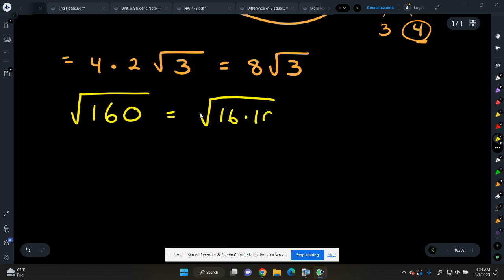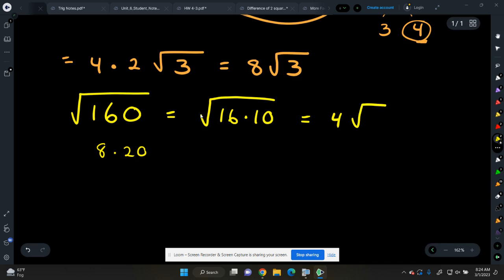Why is 16 times 10 better than 8 times 20? Because 16 is a perfect square, right? 8 times 20, that'll work. But I'm going to have to do more work because neither one of these are a perfect square. If I can factor it using a perfect square, it makes it easier. So the square root of 16 is what? 4.